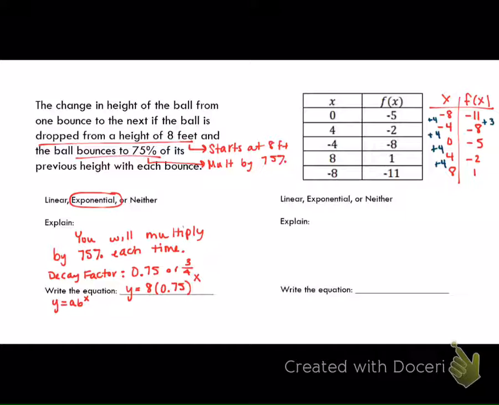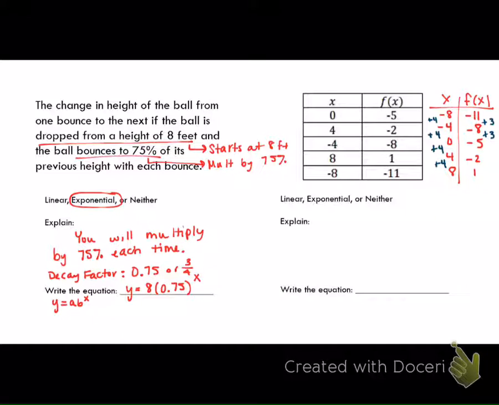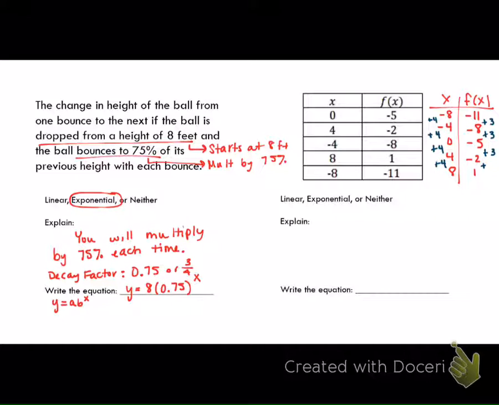How about -8 to -5? 3. Good. How about -5 to -2? 3. How about -2 to 1? That is 3, yes, because we skip over that 0, right?